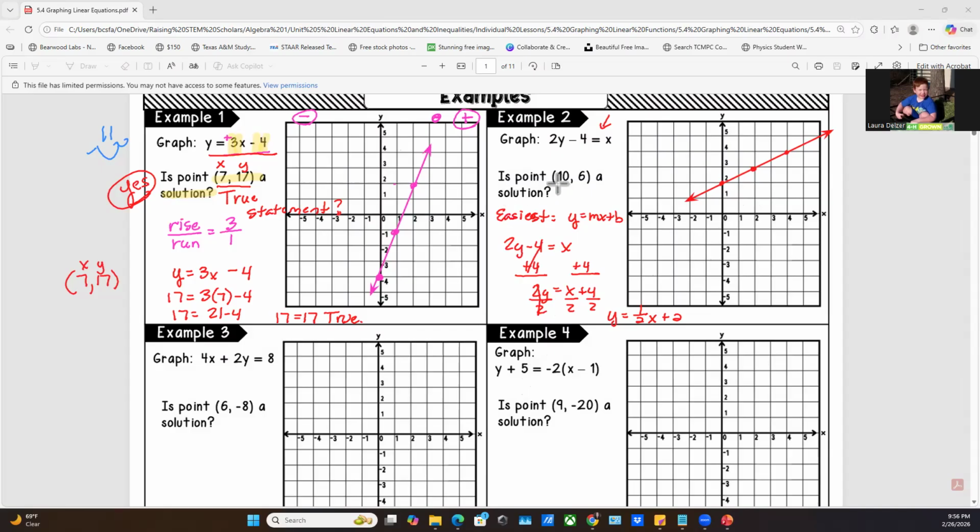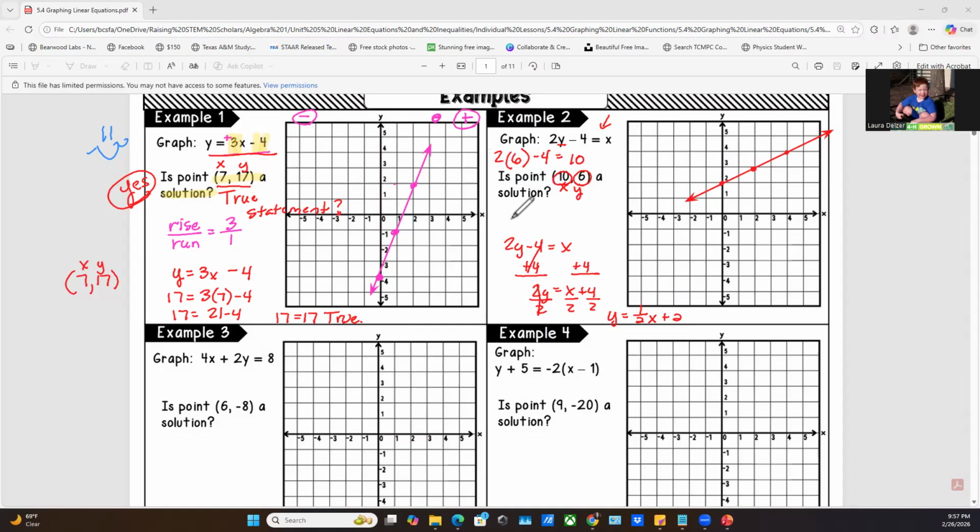Now, we wanted to know, is (10, 6) a solution? Okay, so I'm going to erase a little bit because I wrote kind of everywhere here. Remember, this is my x, and this is my y. We're looking to see, does it make a true statement? So we got 2 times my y, which is 6, minus 4 equals x, which is 10.